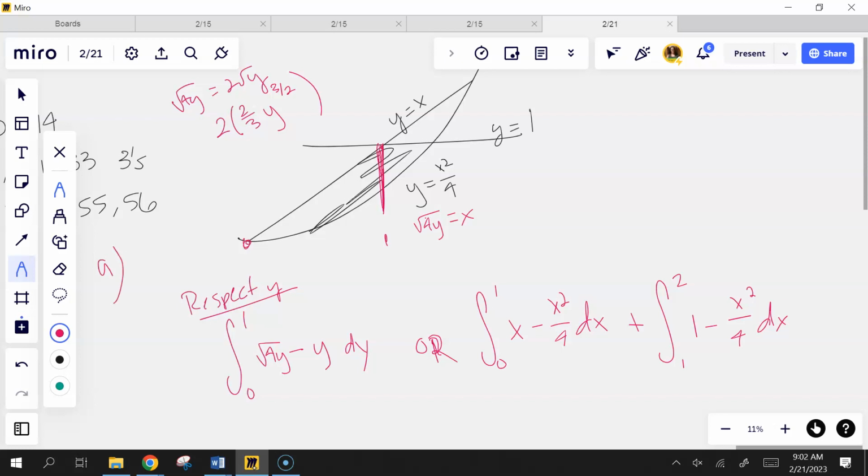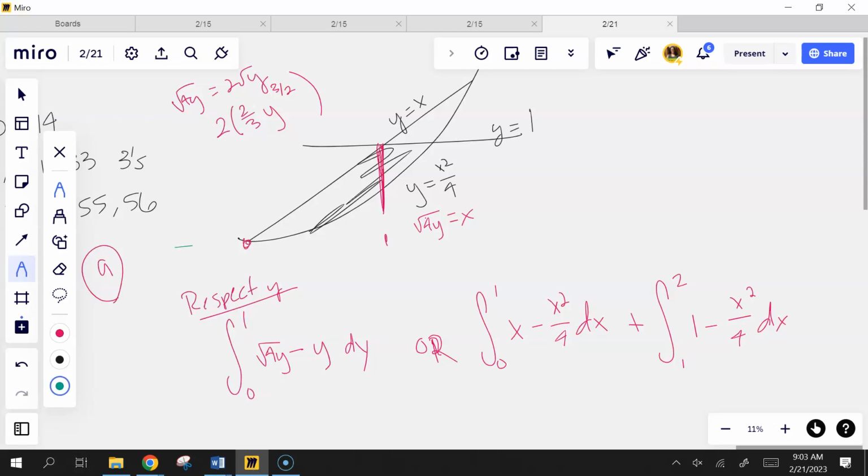Number 9. Should be 5/6. Number 9. Huh, that's not what you got. I got 2/6. That's going to be my bound because it's the y value from the bottom to the top.